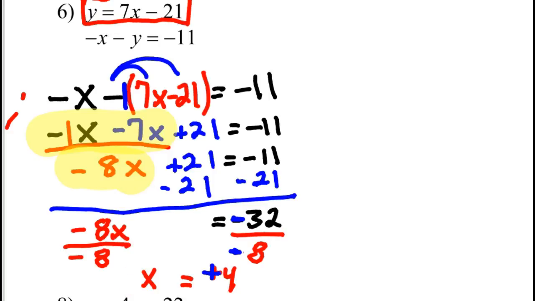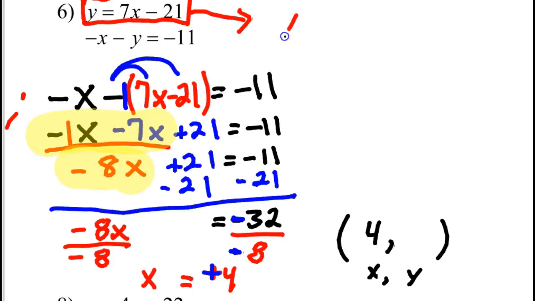All right, but now, unlike above, we're not finished. We only have one of our answers. Remember, the answer is x and y. We only know x equals 4. But we know from above that y equals 7 times x minus 21.